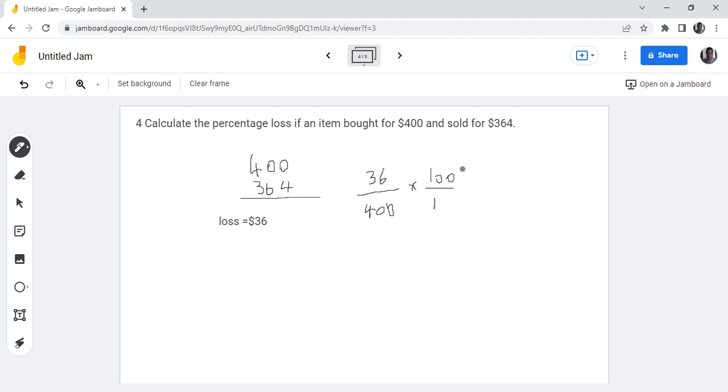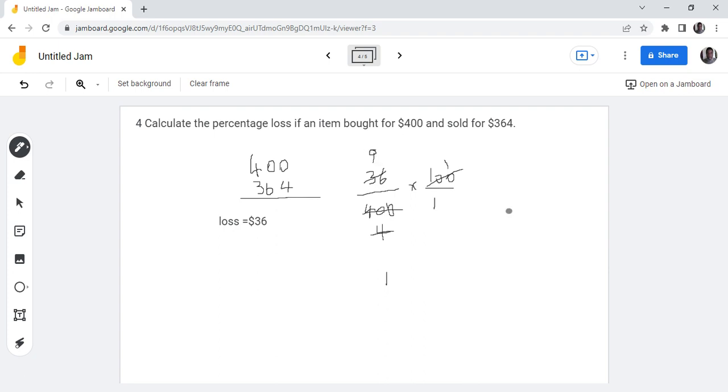Now, let's go and reduce. 100 into 100 is 1 time, 100 into 400 is 4 times, 4 into 4 is 1 time, and 4 into 36 goes 9 times.